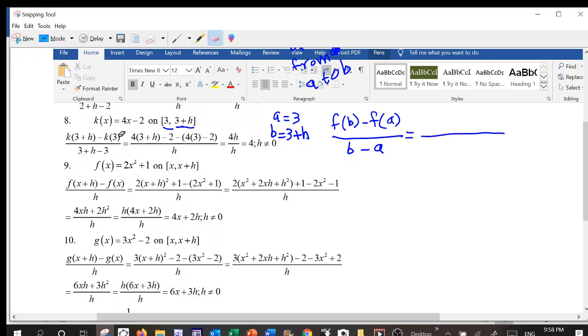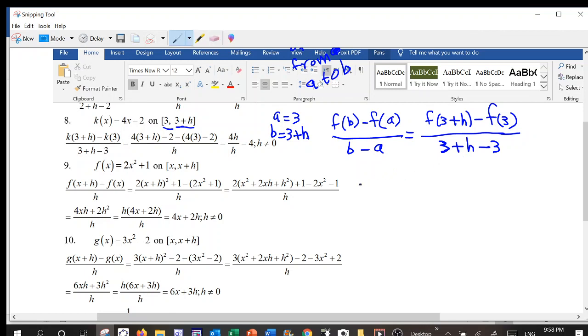Now f is 4x minus 2. So what is f of 3 plus h? We have to do f of 3 plus h minus f of 3, divided by 3 plus h minus 3. So the denominator is just h.